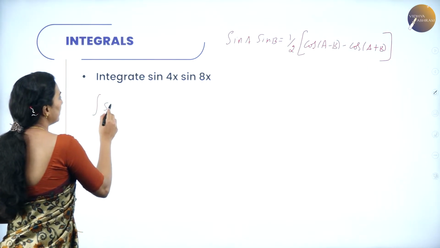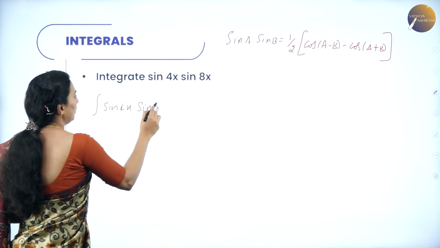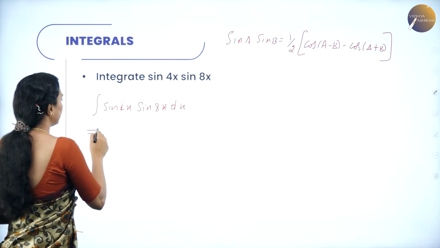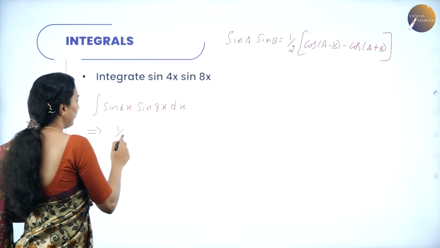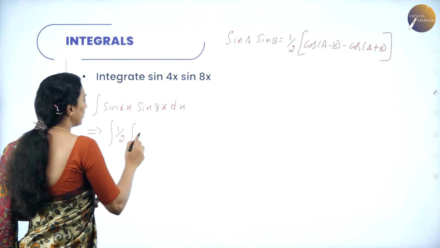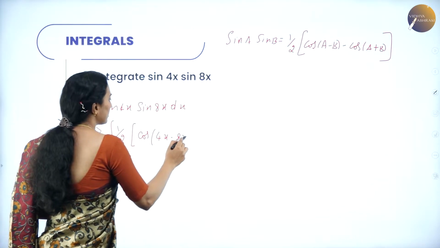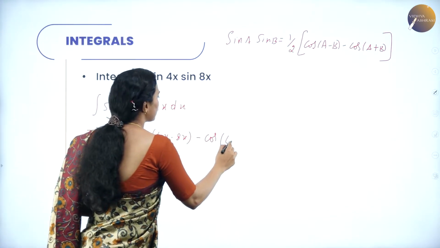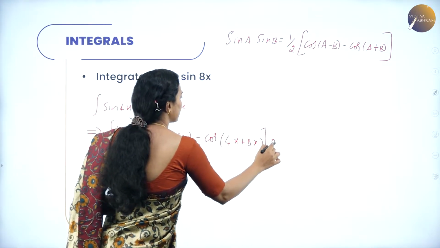First I am going to write it symbolically, integrate sine 4x into sine 8x into dx. So this is according to the formula, half into integral of cos of 4x minus 8x minus cos of 4x plus 8x into dx, right?